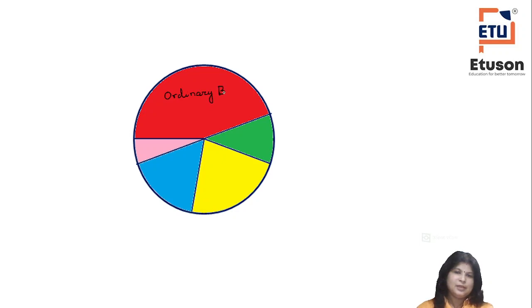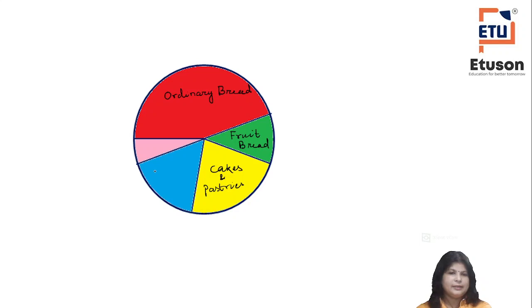Here it was ordinary bread, here fruit bread, here cakes and pastries, and here it was biscuits, and here it represents the other items, and the sales corresponding to it are 320, 80, 160, 120, and 40.